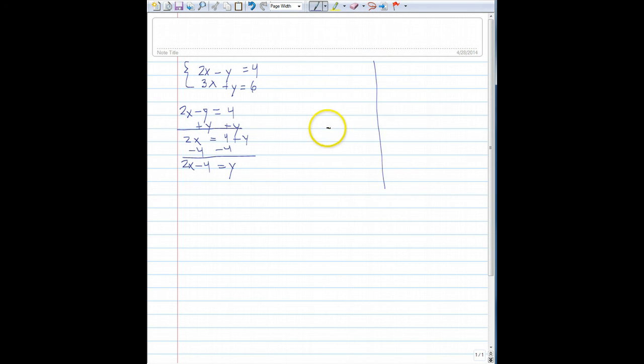Remember, slope-intercept form is y is equal to mx plus b. So in this case, our y-intercept is negative 4, and our slope is 2. So we start at negative 4, then we go up 2 and to the right 1.